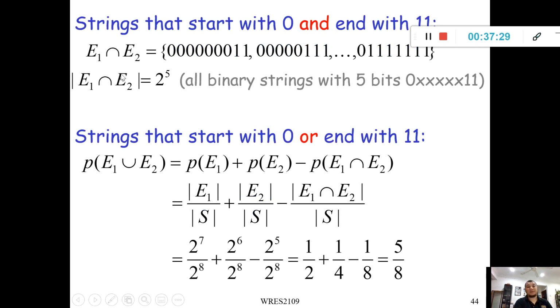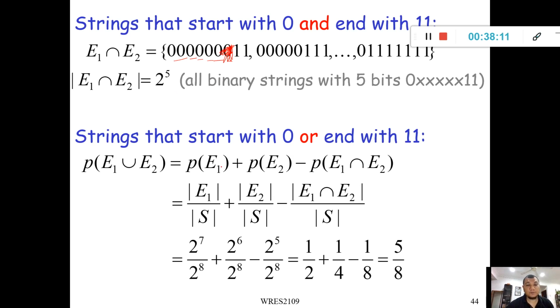Now start with 0 and end with 11: in the middle you have 5 free bits, so 2 to the power of 5.